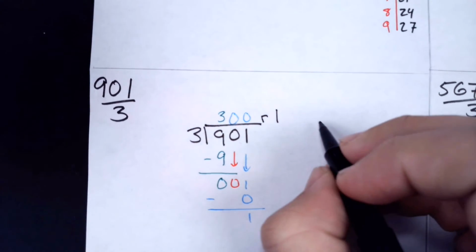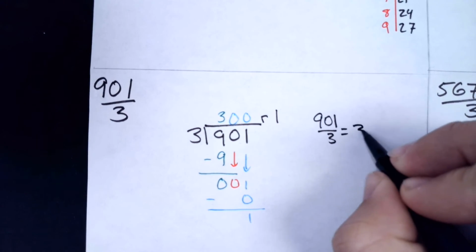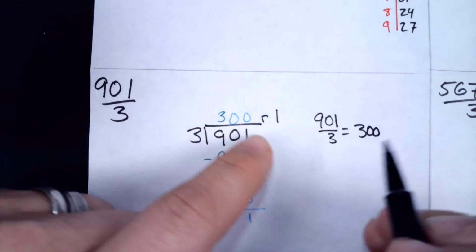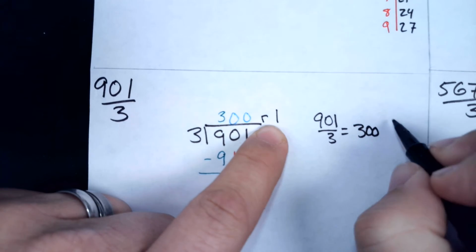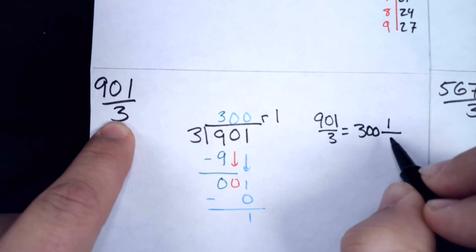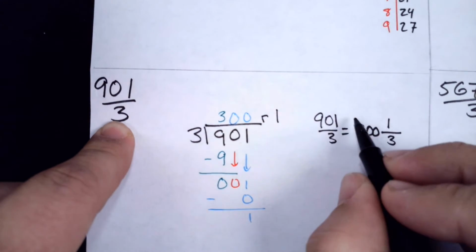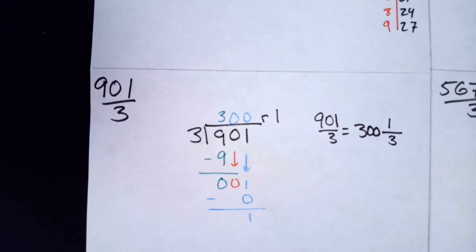And that tells me that 901 divided by 3 is the same thing as 300. This is where it's going to be kind of nice. I take that 1 and I put it on top, and then I divide it by the original divisor, which is 3, and that tells me that this is true. So 901 divided by 3 is the same thing as 300 and 1/3.